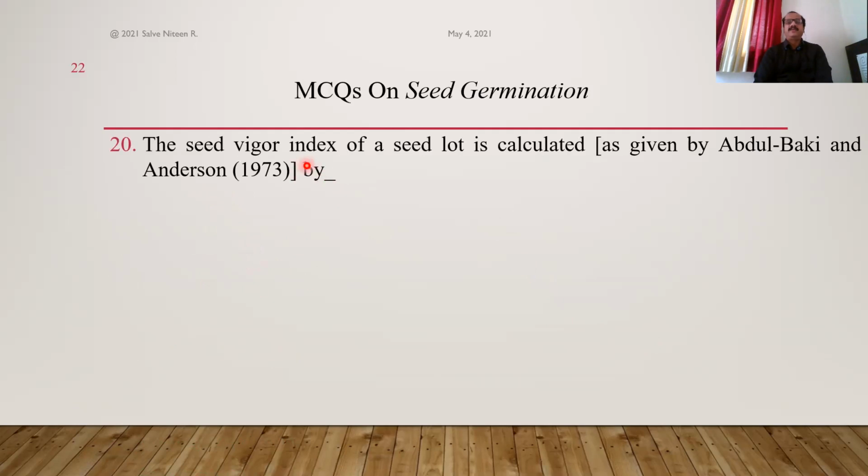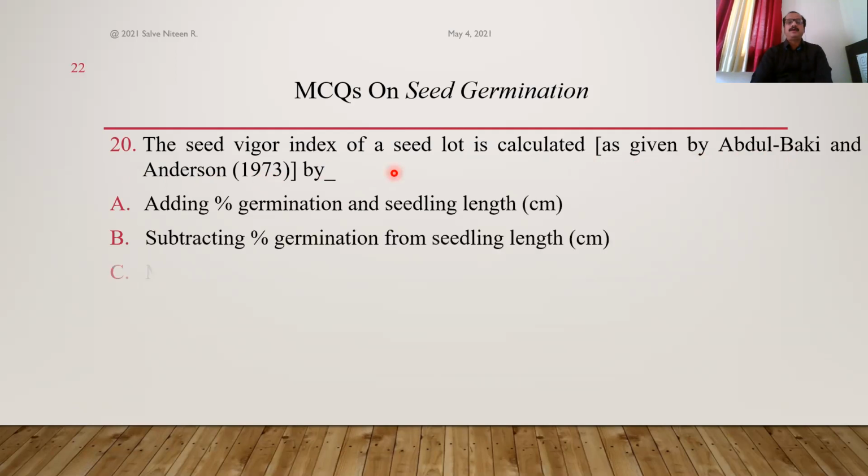The seed vigor index of a seed lot, not a single seed but many seeds in a single lot, is calculated by the formula given by scientists Abdul-Baki and Anderson in 1973.